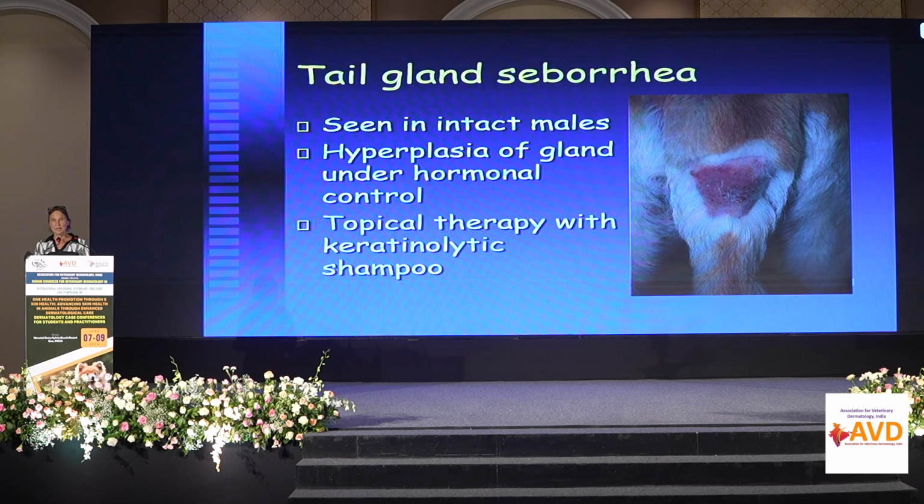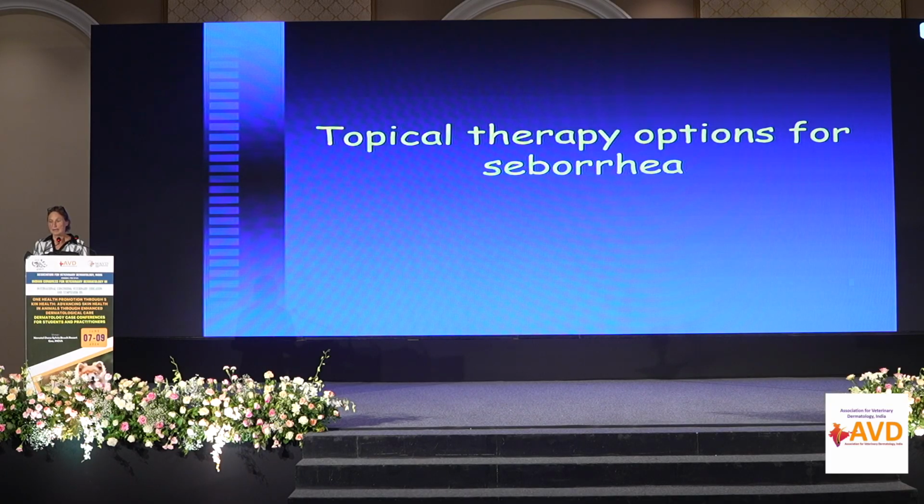Now, if you see intact male dogs, you also notice that on the tail sometimes they have a greasy spot, and that is tail gland seborrhea that is under androgen control. Testosterone leads to hyperplasia of this gland, and so they have that greasy seborrhea.